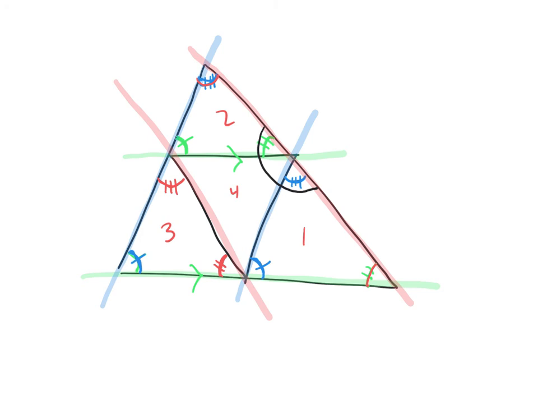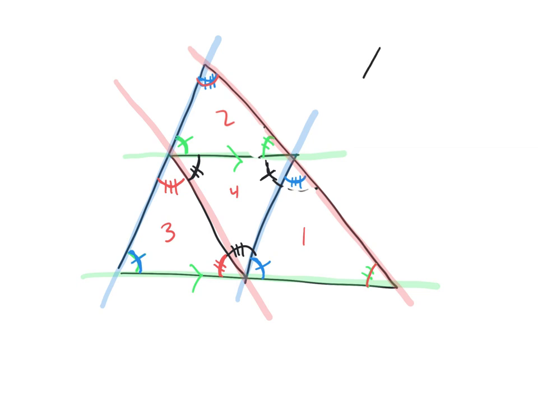So when I go to this triangle 4 in the middle, I know that this angle right here has to be a single tick mark angle, because we already have a double and a triple. Then over here, that needs to be one of my double tick marks, and this guy needs to be my triple. So it's almost like we flipped one of the 1, 2, and 3 triangles around.